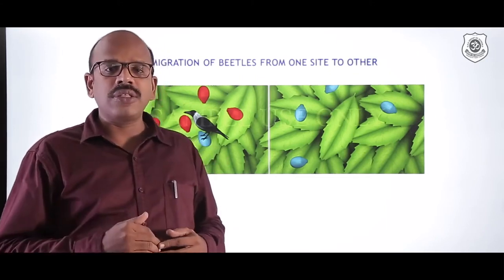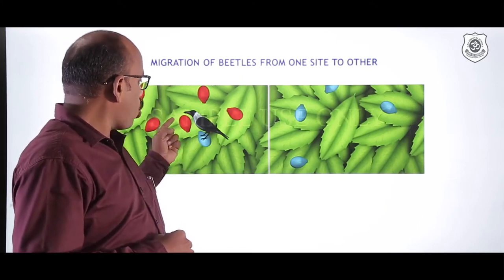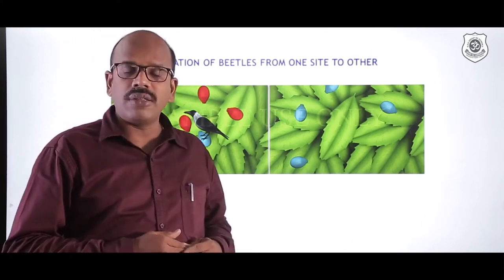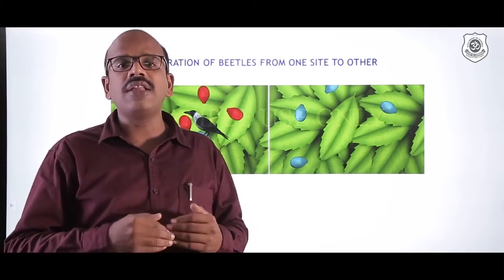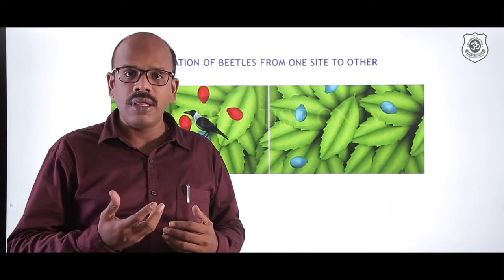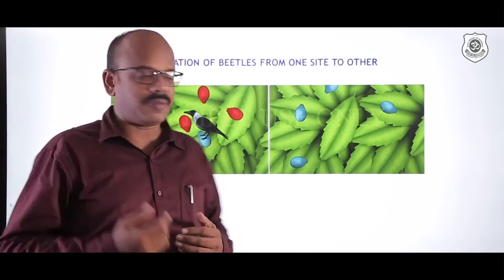So, now they have entered into this population. Now what happens? This blue beetle may cross with the red beetle. That is, they may undergo mating and a new gene pool can be formed. This new gene pool can bring out some variation.